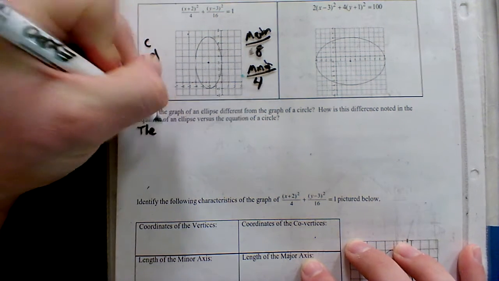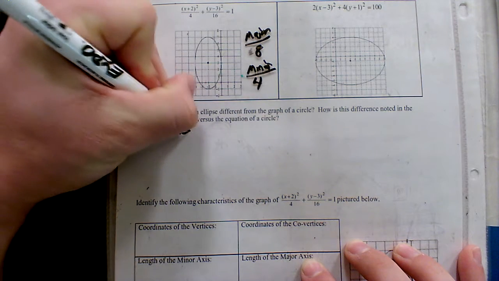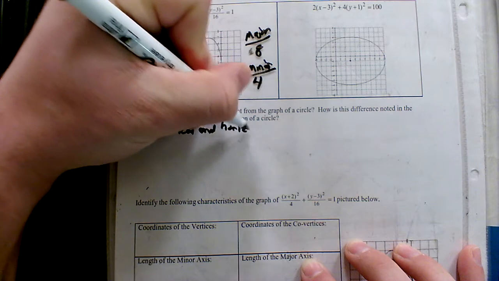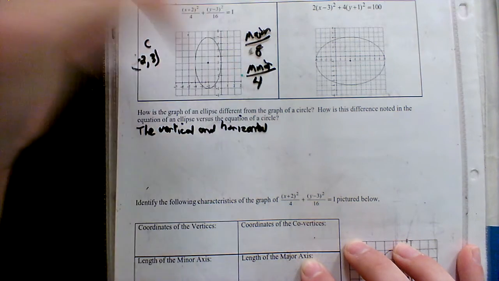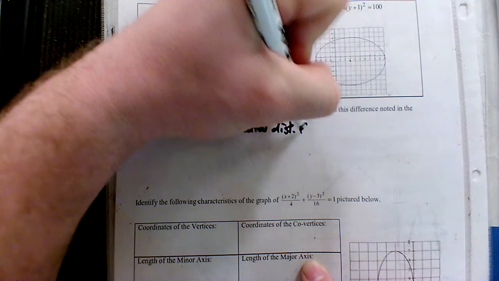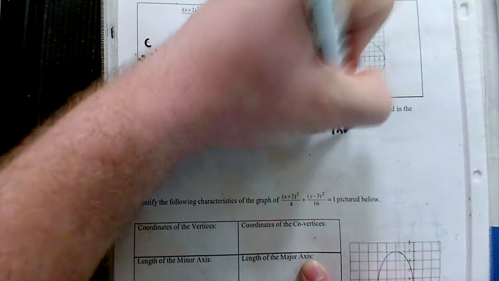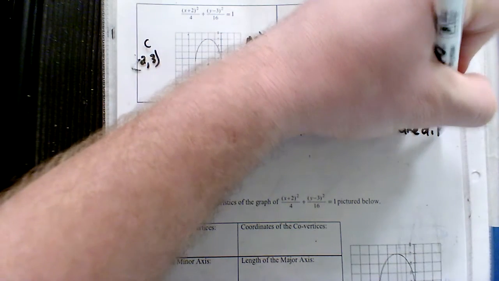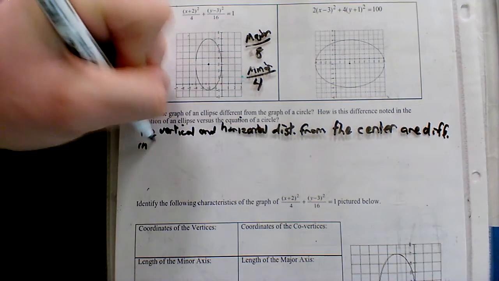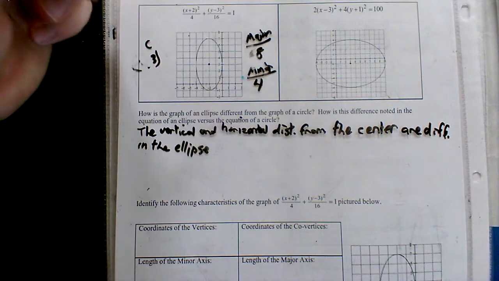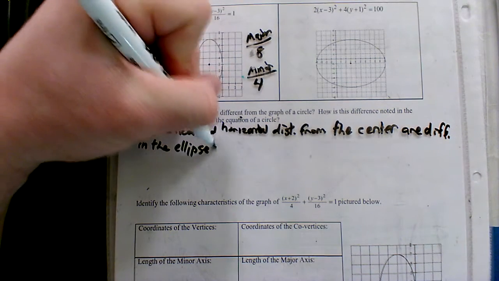So the vertical and horizontal distances from the center are different in the ellipse, whereas they are the same in a circle.